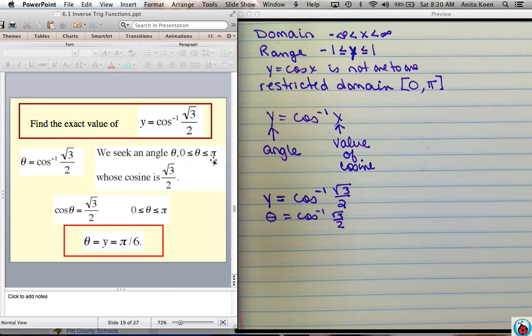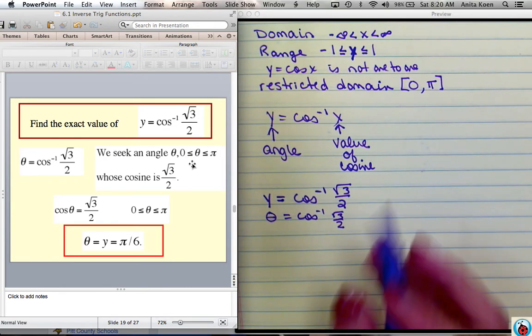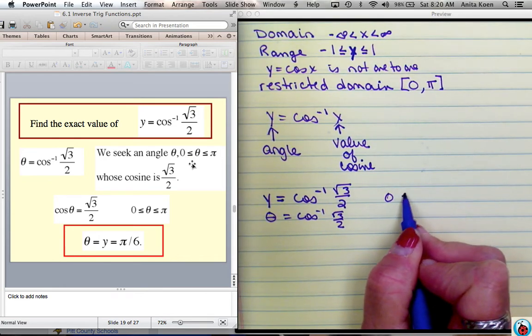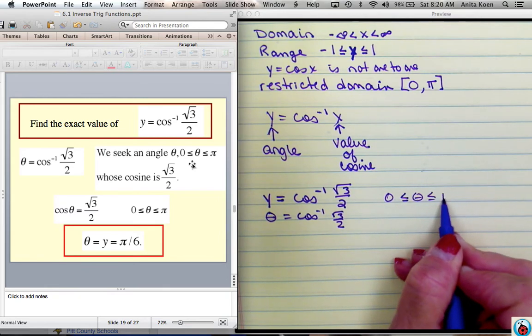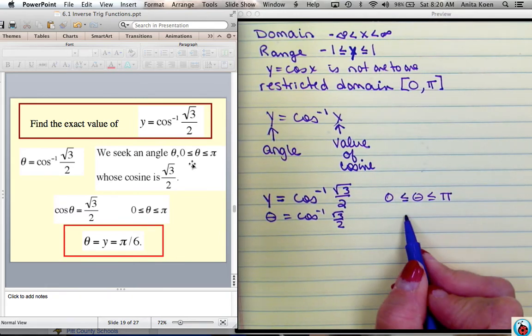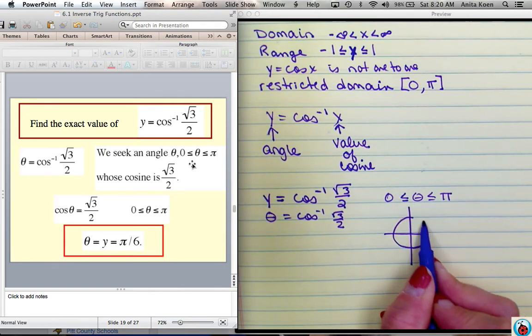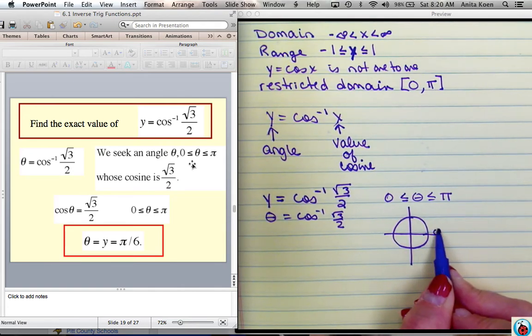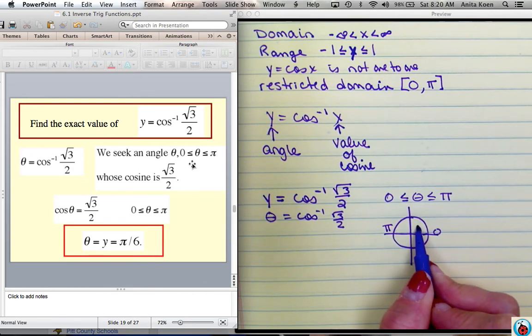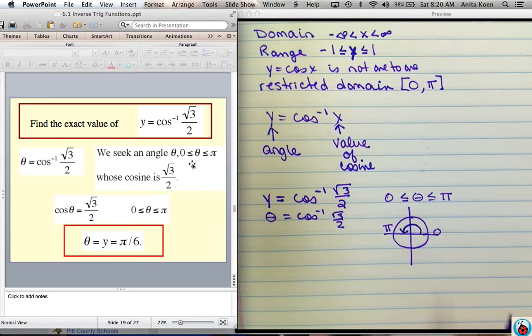Now this time our restricted domain, remember, is between 0 and pi inclusive. So 0 to pi inclusive on my unit circle is going to be here to here. Now the nice thing about the cosine is, unlike the sine, we're always going in a positive direction.